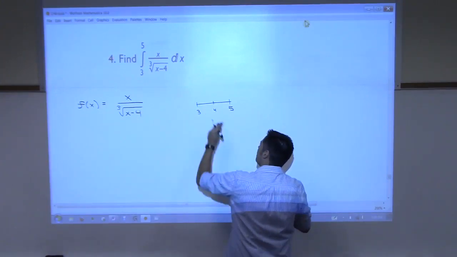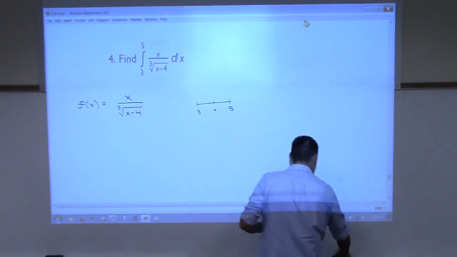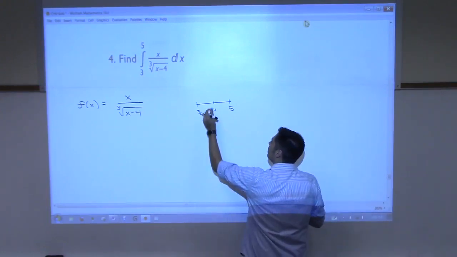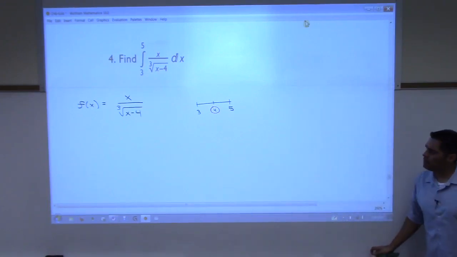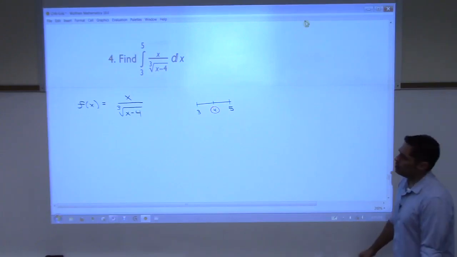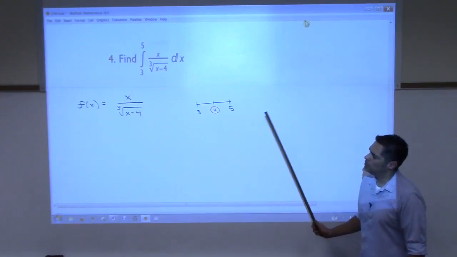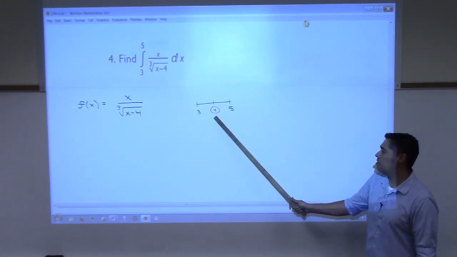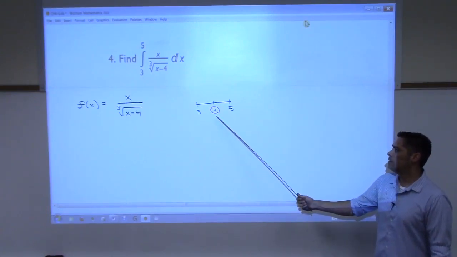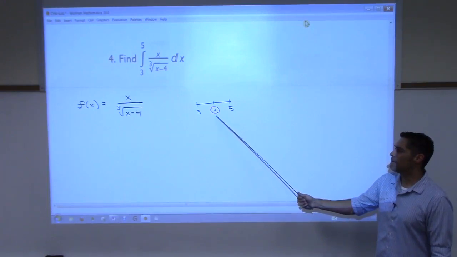Are there any other places where we have issues? Where do you have an issue? 4, yes, but are there any other places? I'm just wondering if this is the only place that function ever has a problem. Anything between 3 and 4.